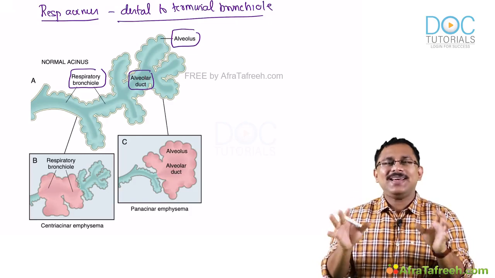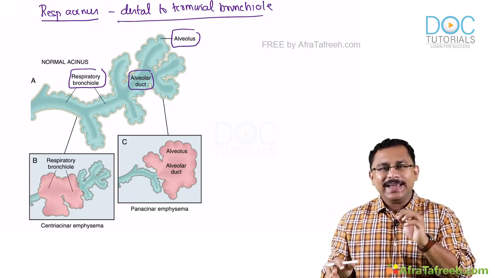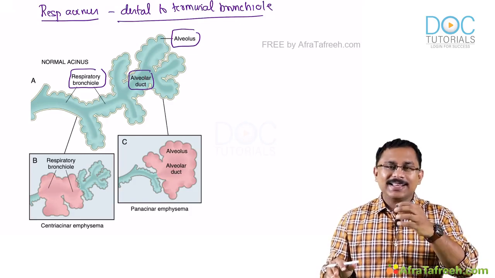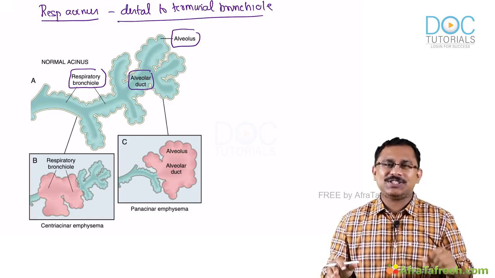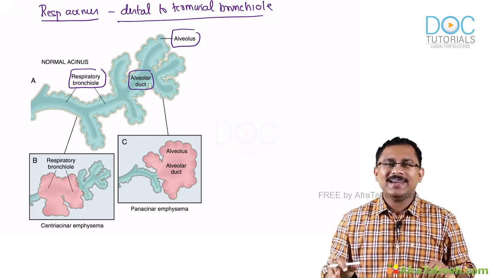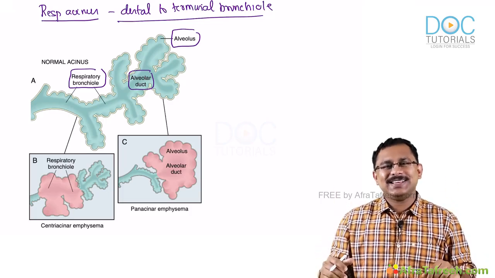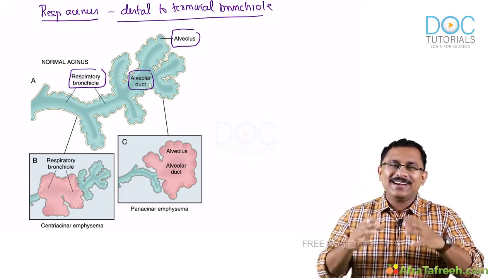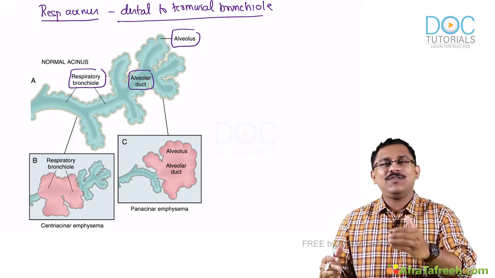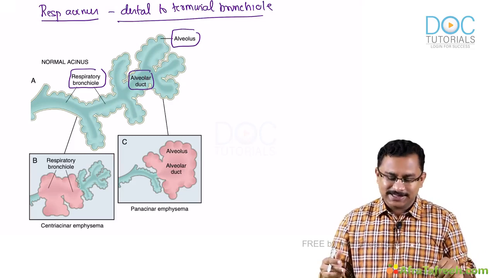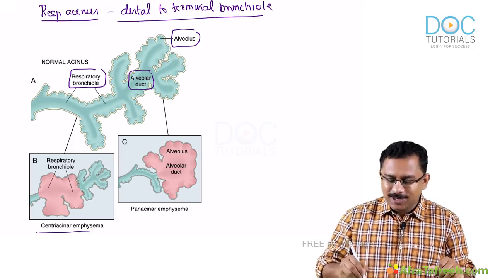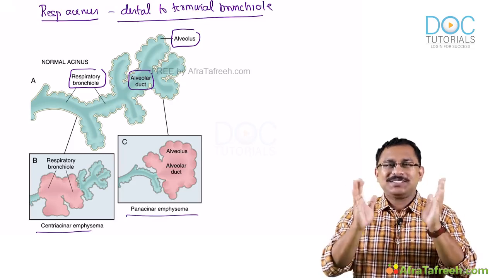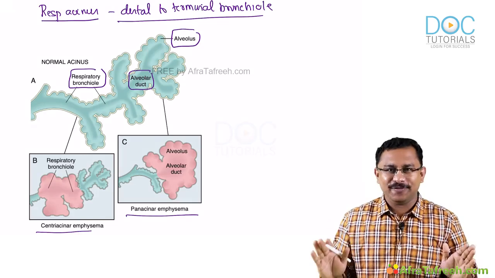That is the normal respiratory acinus. In case of emphysema, what happens is that in this respiratory acinus there is some damage to the walls, and subsequent dilatation occurs. The airway dilatation involves your respiratory acinus. Regarding these individual types we are just coming to that, just wait. So I hope the picture of respiratory acinus is very clear for you.